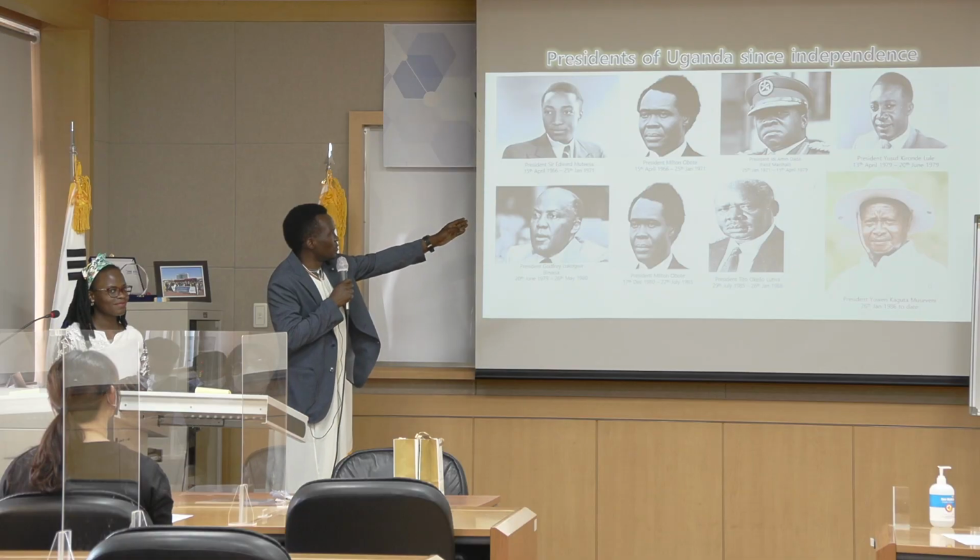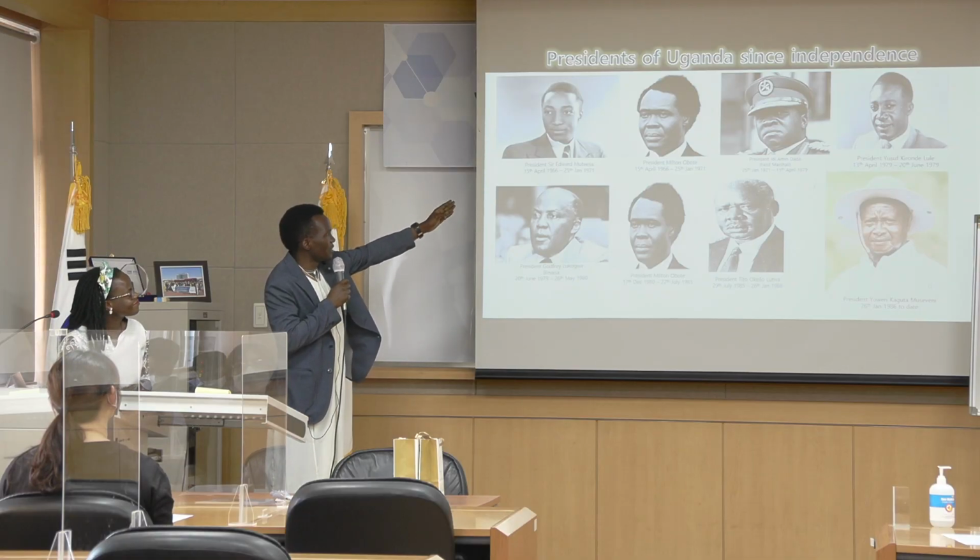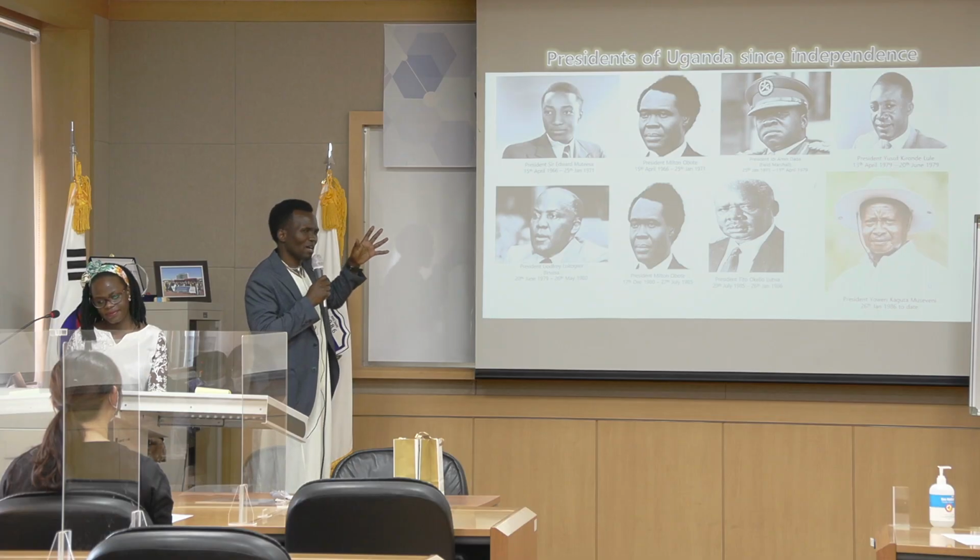And then we had, after Milton Obote, this was Obote 1. We have had a lot of internal conflict. Then we had the great president, disliked by the world, but most liked by many Ugandans, because he was smart, if I may say, but a dictator, a no-nonsense person.